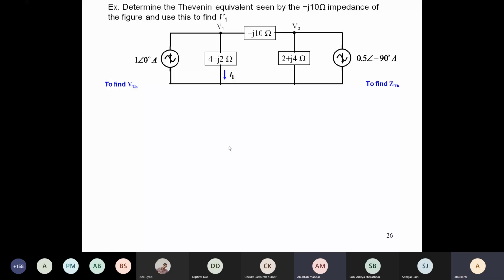So draw the circuits for the two cases here. So there is 6 plus 2J.